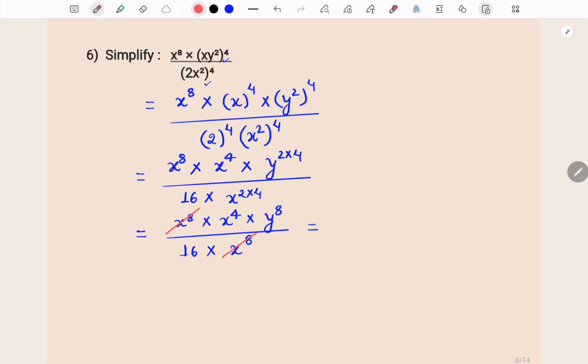We have x raised to the power 8 in the numerator as well as in the denominator. If I cancel out these terms, I will be left with x raised to the power 4 multiplied by y raised to the power 8 over 16. And that is the final answer for this question.